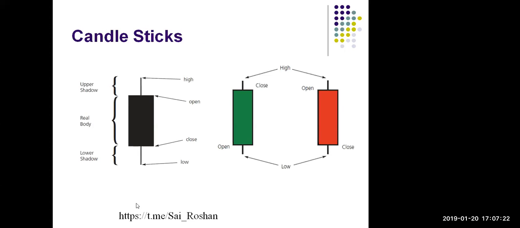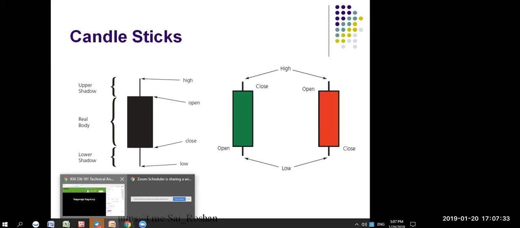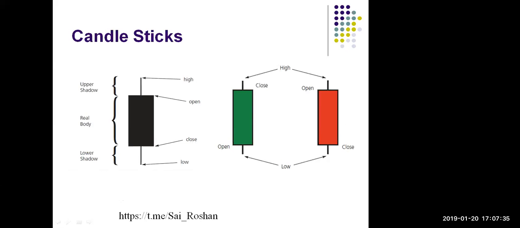Now, to start with, the basic thing that everyone of us would be seeing when we look at a chart is a candlestick. This is very, very important. A typical candlestick looks like this. A given candlestick has an open, where it starts, and a close.